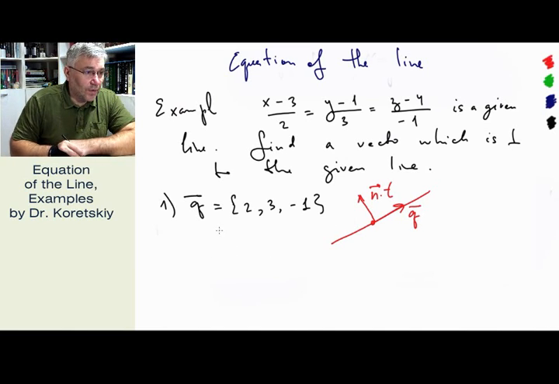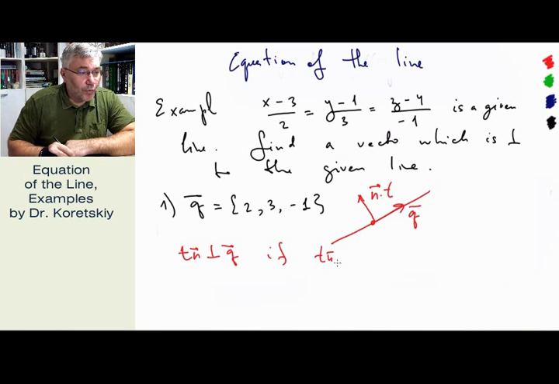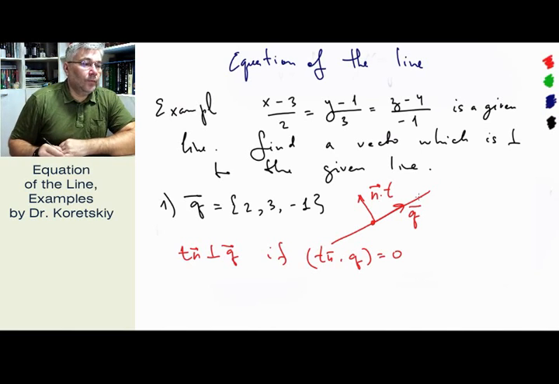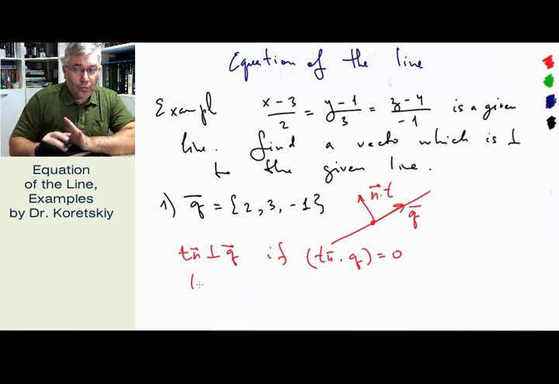What does it mean that n is perpendicular to the vector? The n vector is perpendicular to the vector Q if dot product n dot Q equals 0. Let's check it. So I don't know the components of the vector n.